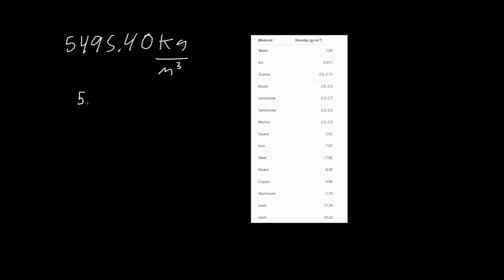So this would be 5.4, I'm not going to round up, I'm just going to keep it as 5.496 or whatever, and that would be grams per centimeter cubed.